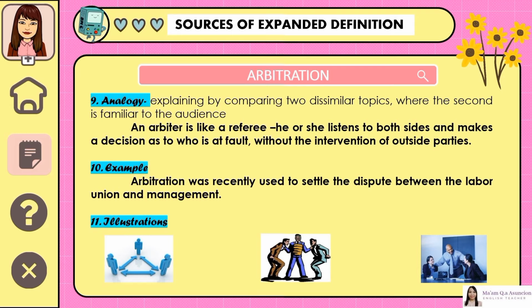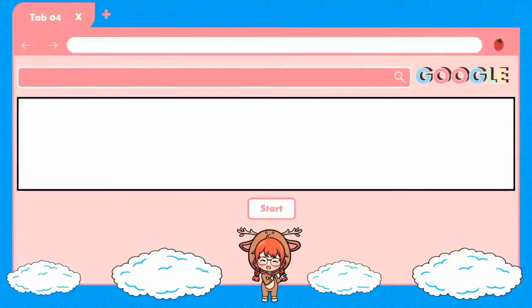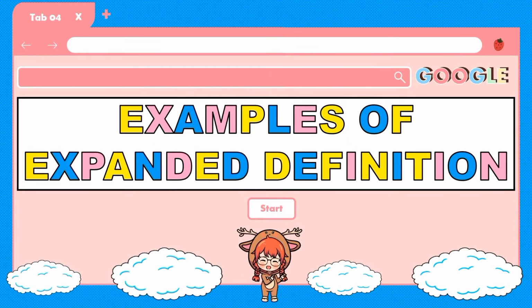Number 10, example. Arbitration was recently used to settle the dispute between the labor union and management. And number 11, illustrations. Examples of expanded definition.